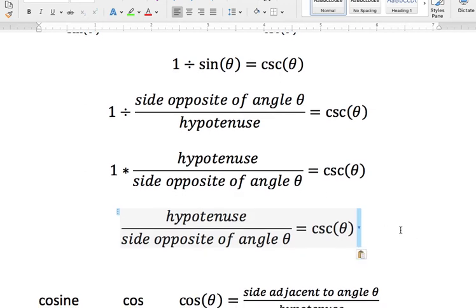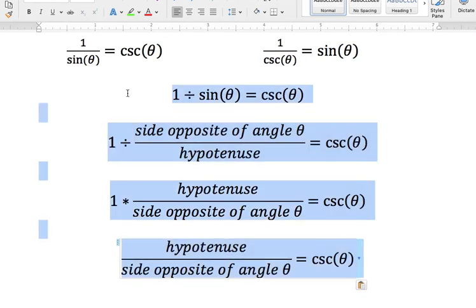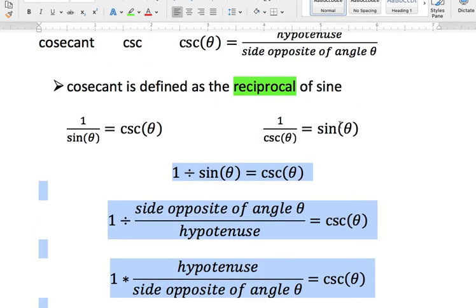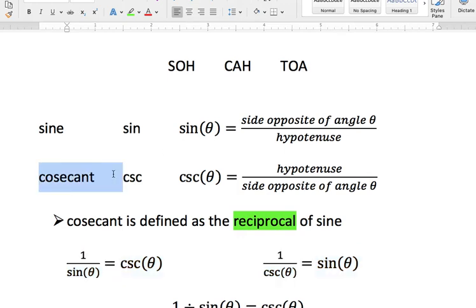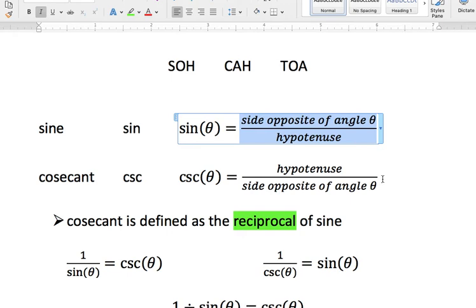So this right here is just me proving that these two are true. But to summarize, cosecant is equal to the reciprocal of sine. Cosecant is equal to what is written here, but just upside down.